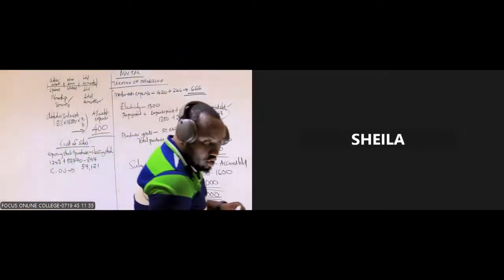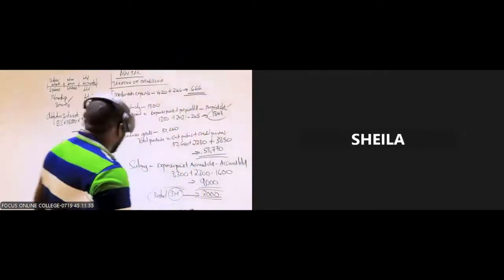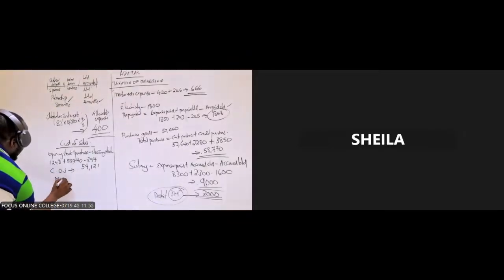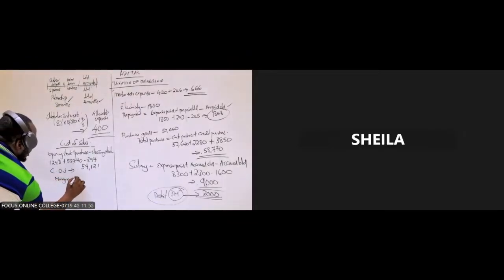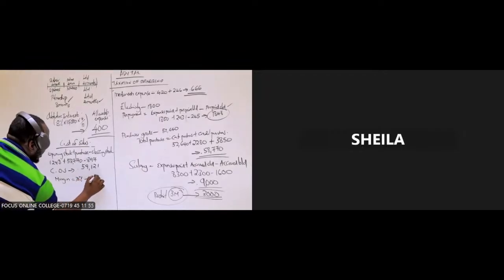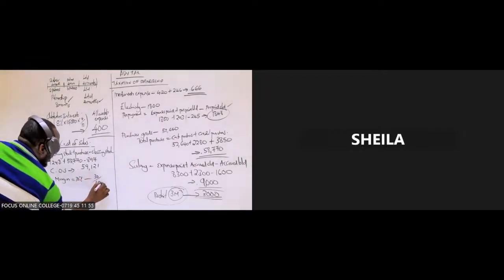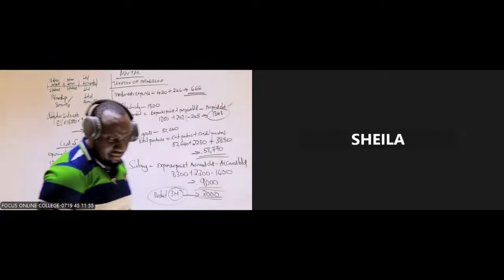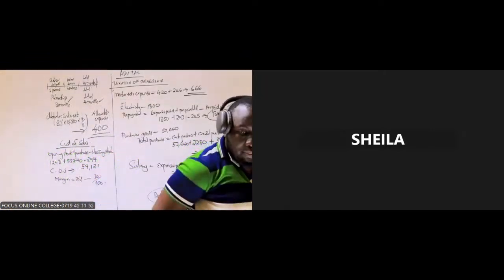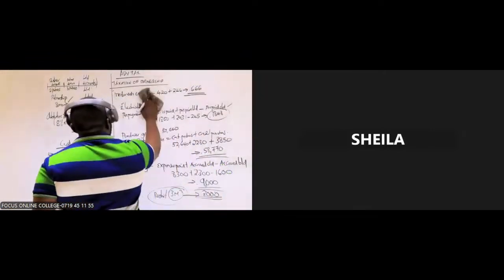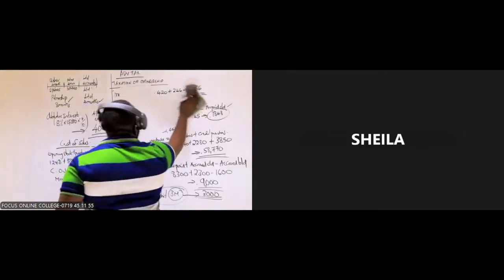Then now I touch on when you're told the gross profit margin. The gross profit margin is 30%, that is 30 over 100. We're together. So I can even use a markup to get it.